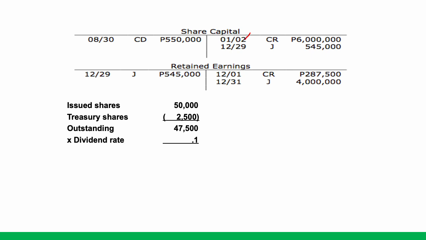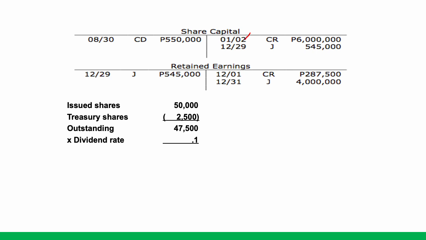By the way, class, a share dividend is considered a recapitalization of retained earnings. So a portion of RE will be transferred to share capital or to share capital and share premium. There are two types of share dividend: a large share dividend declaration or a small share dividend declaration. The difference lies in the measurement.